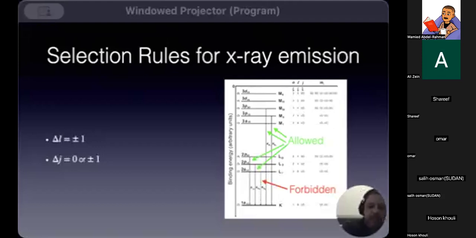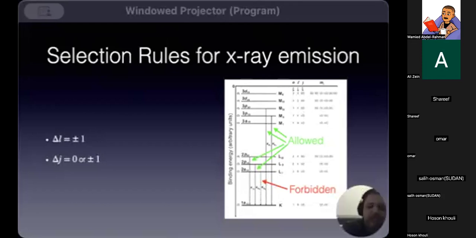and in the L shell we have 3 sublevels. One of the levels has L equal to 0. So a transition between this sublevel and the K shell is forbidden, and it's shown here with this dotted line.